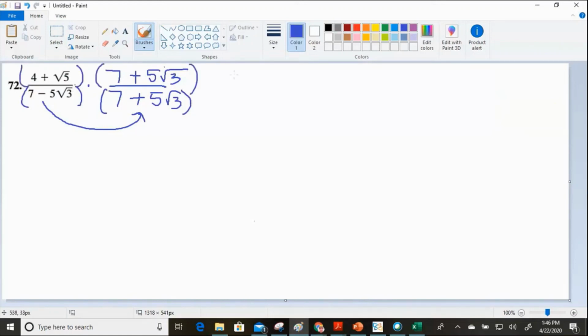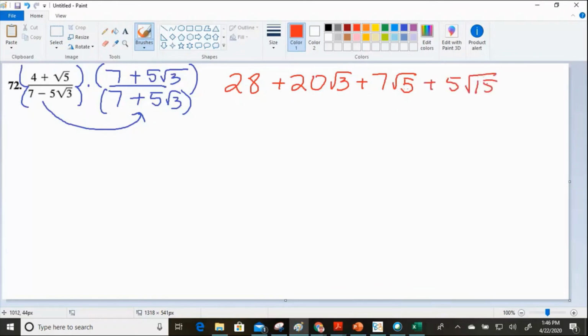So I'll start my FOIL here first. Outer, inner, last, 15.